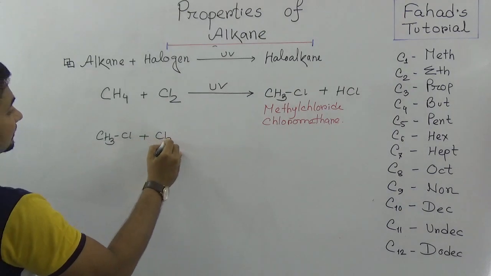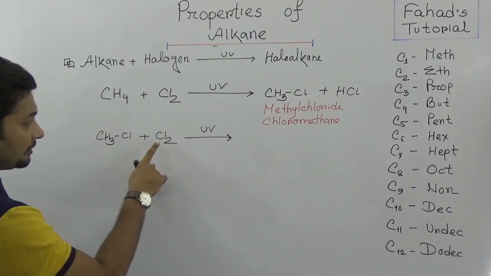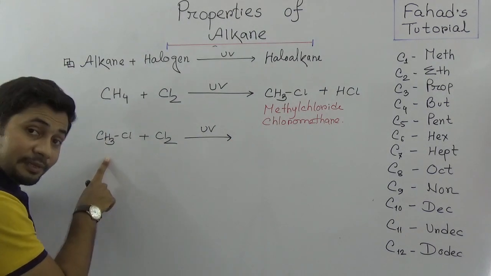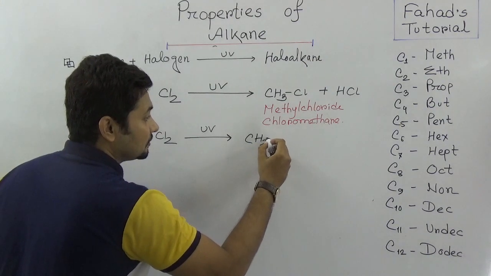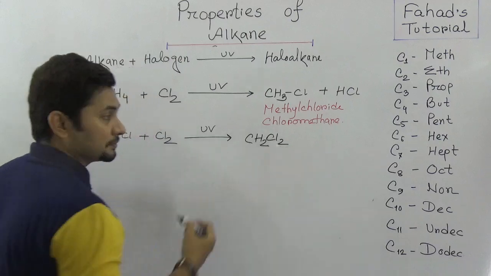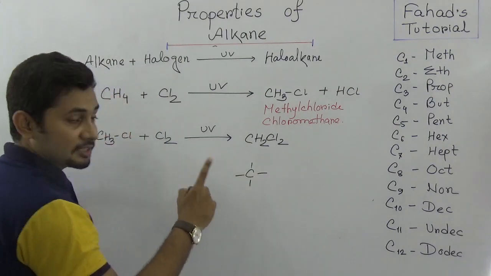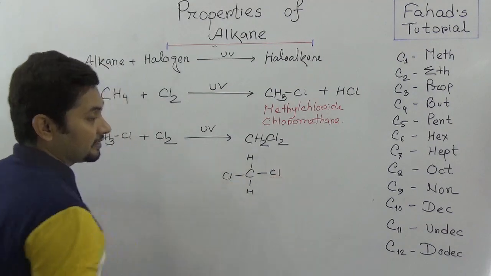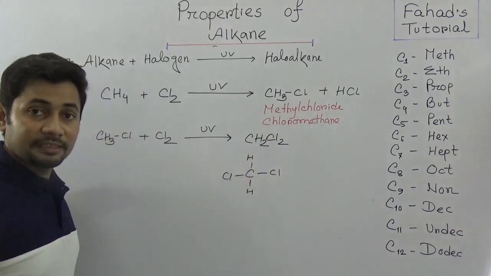CH3Cl, again reacts with Cl2 in the presence of ultraviolet. One chlorine will take the place of another hydrogen. So hydrogen will be less, and it will be CH2Cl2. You see each time carbon has 4 valences. So 2 hydrogen are there, and now 2 chlorine are here. So that should be dichloromethane.